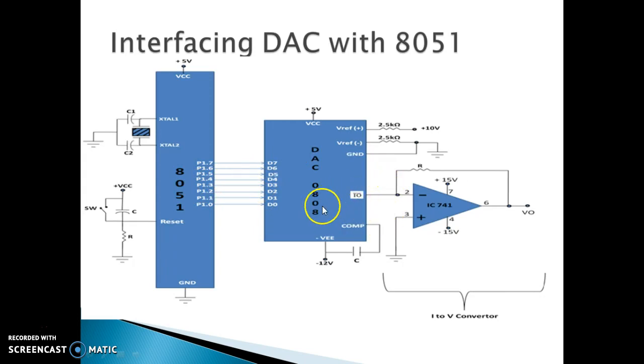The output of the DAC 0808 is current, so an inverting amplifier is used to convert the current into voltage. It acts as an I to V converter, and the reference voltage is 10 volt. So my step size would be 10 divided by 2 raised to 8. Whatever value I get will be my step size. This is the interfacing diagram of the 8051 with DAC.